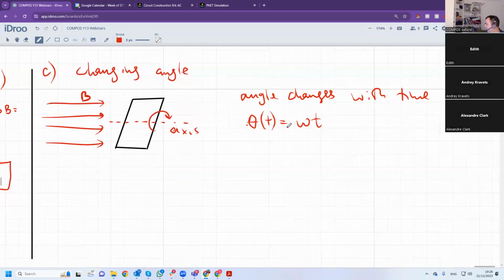So we have a coil of wire. So we have a magnetic field and a coil of wire which spins like this. So if this was a rectangular coil, it spins like this. So the angle is omega, which is the angular velocity, multiplied by time, which makes sense.